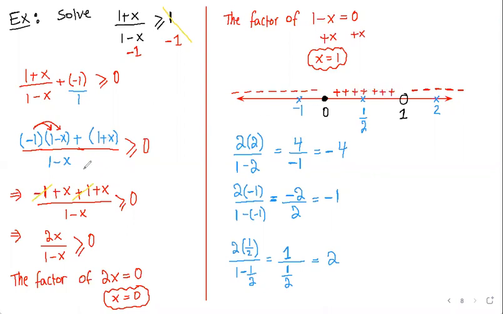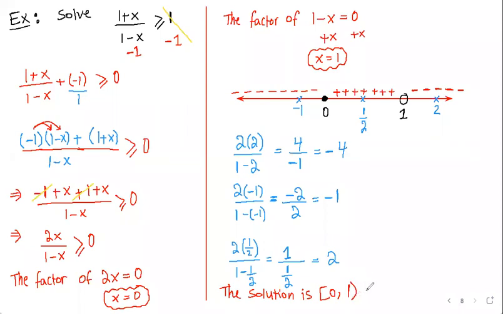Go back to the question. The question asks when this fraction is greater than or equal to 0, when this fraction is positive or 0. It will be positive only in the interval from 0, because they ask for the 0, to 1, and the 1 is open.